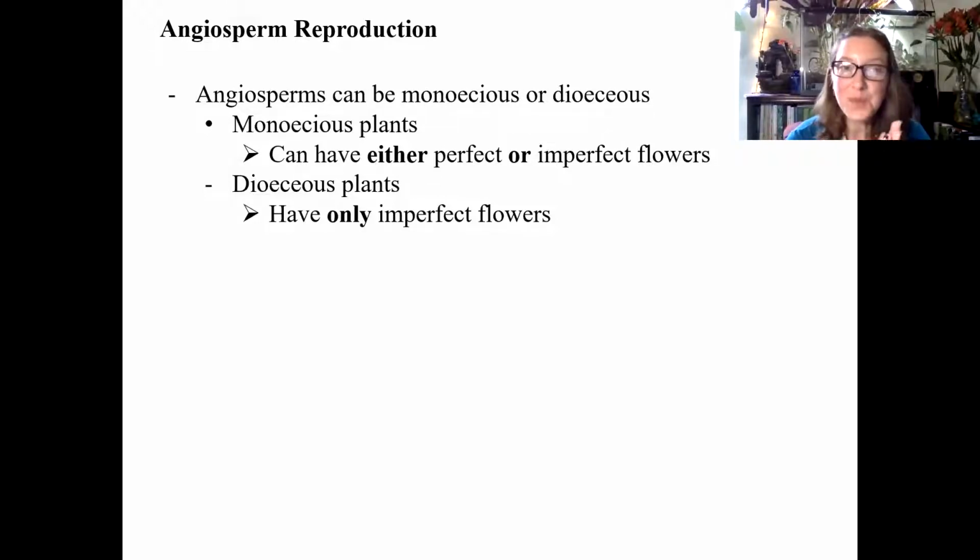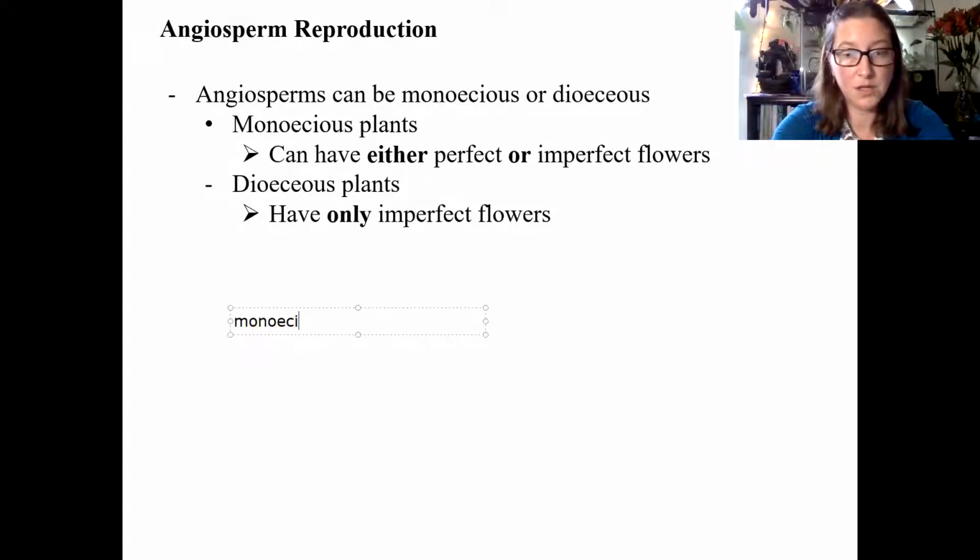Okay, so back to angiosperm reproduction. Angiosperm plants can be either monoecious or dioecious. Monoecious meaning that the plant. So I'm going to write this real quick, just in case we're not all on the same page.